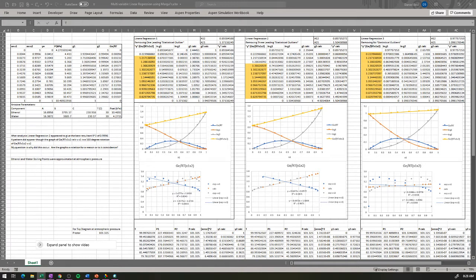Okay. An interesting thing, if you want to, instead of clicking and dragging it all the way down, you can just hover over this little square. It'll turn into the little plus sign, and you just click it twice, and it'll drag it down. Mine goes all the way down just because it brings it to the very last cell that it has data in. So if I didn't have the sum of the squares there, this wouldn't have been there.